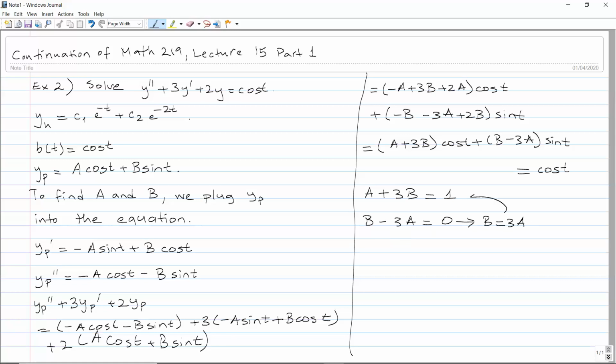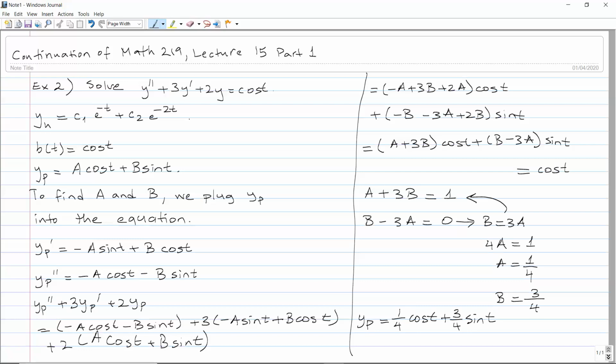If I substitute this into the first equation, I have 4a equals 1. So a is 1/4, and b is 3/4. So our particular solution is 1/4 cosine t plus 3/4 sine t.